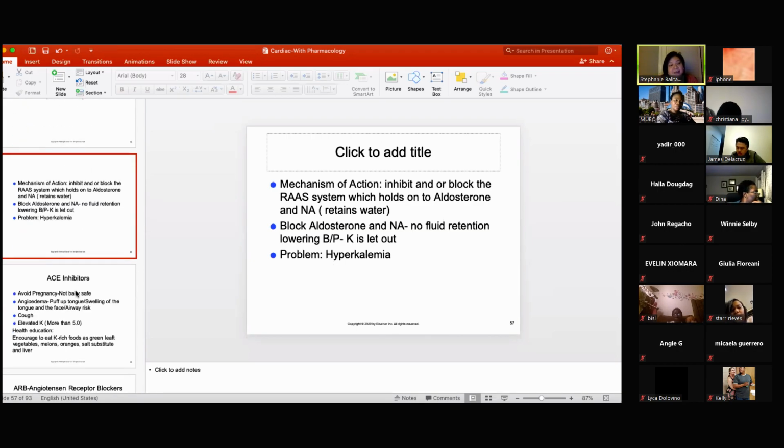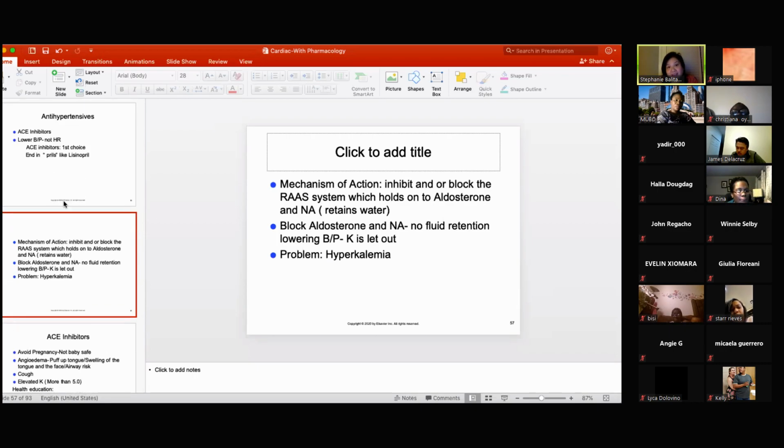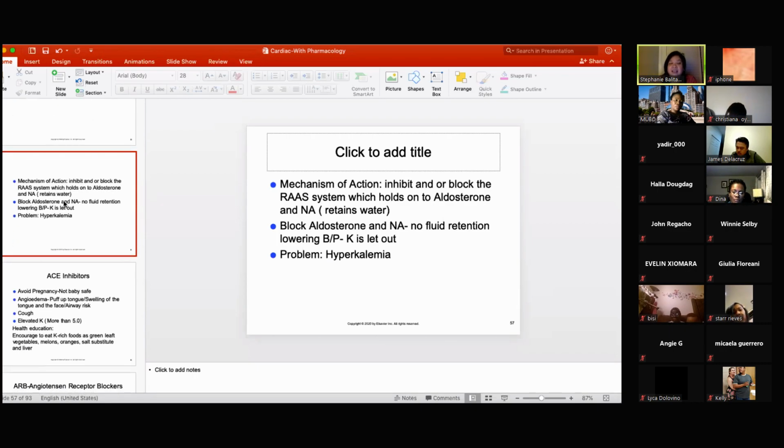So this is for your prils, okay? ACE inhibitors that end in pril. Yes, they lower the blood pressure. This type of medication is usually used in heart failure where there's too much fluid. The pressure is so high because there's so much fluid and the body is trying to get rid of it.